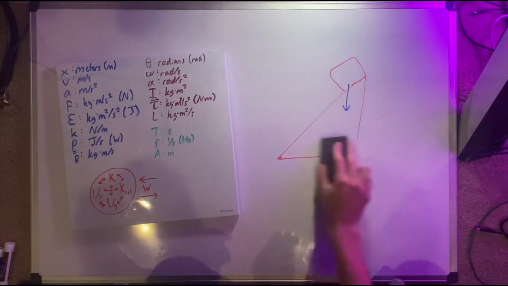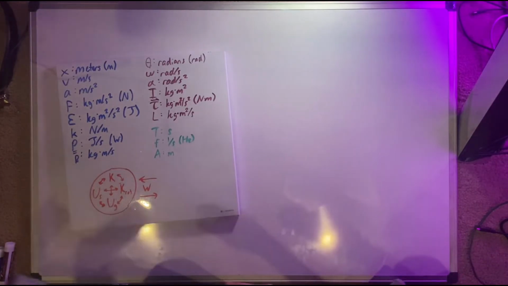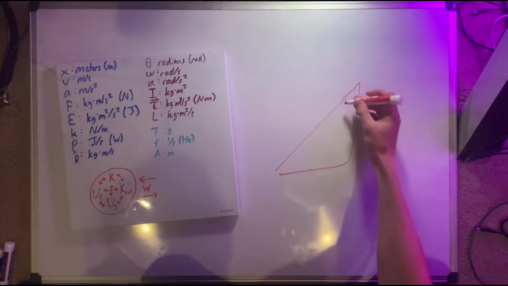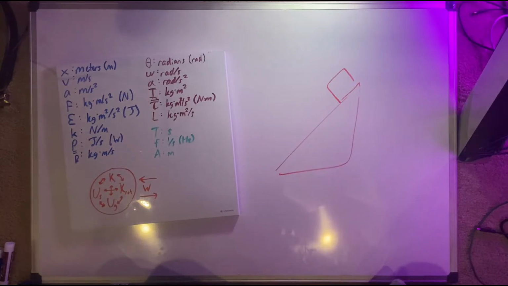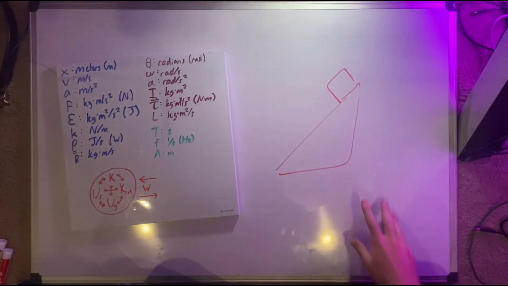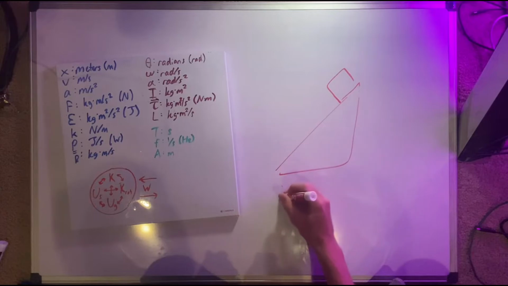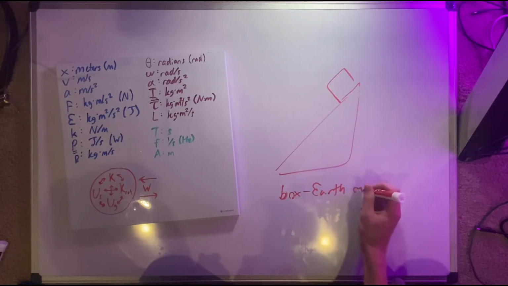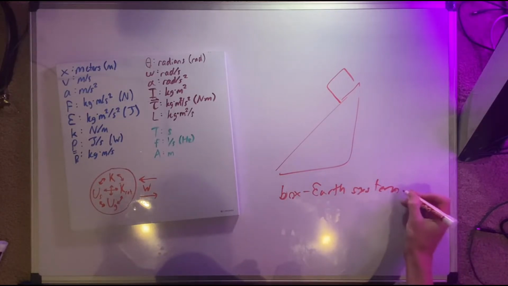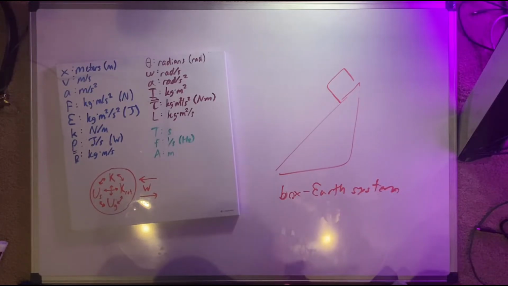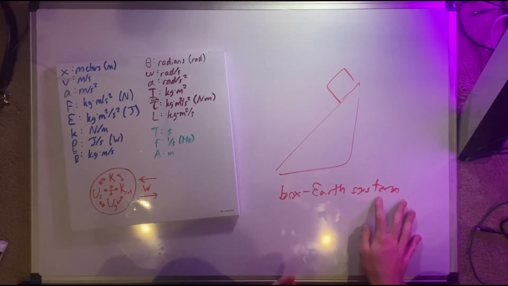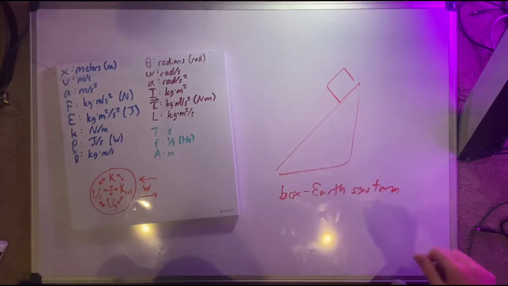But we just have to keep in mind that if you have a system like this, where you have the box here, and the entire system is the box-Earth system, energy stays constant, especially because there's no friction on this ramp.